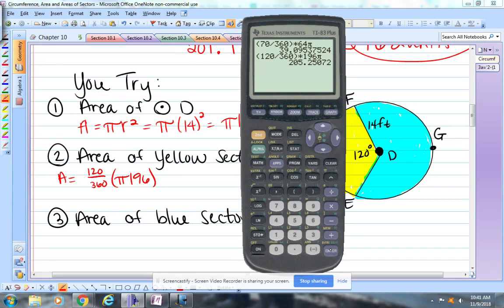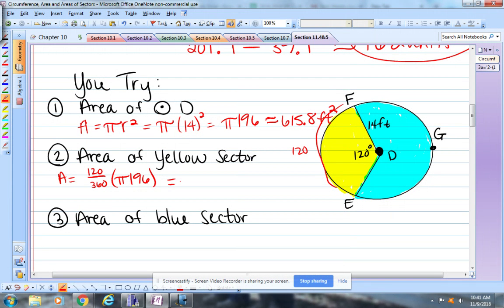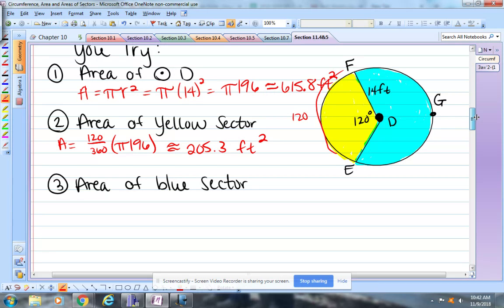Did y'all get about 205.25? 205.3-ish? Did y'all get that? Something close? So that's going to be approximately 205.3 square feet, right? And then, so how can you find the blue sector? There's 2 ways you can do it.